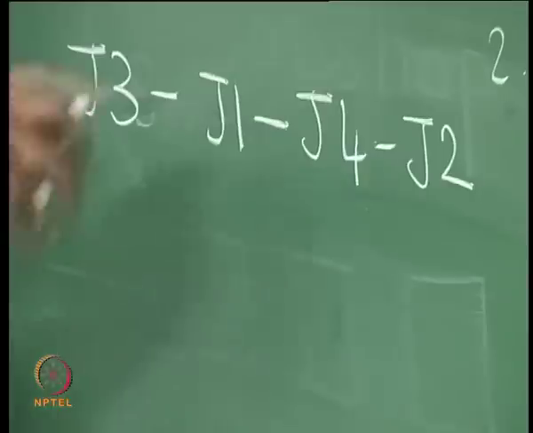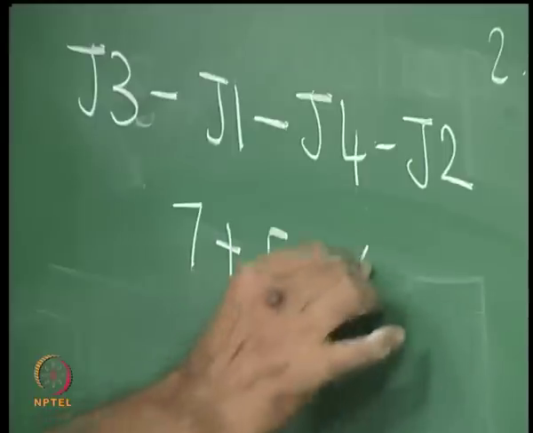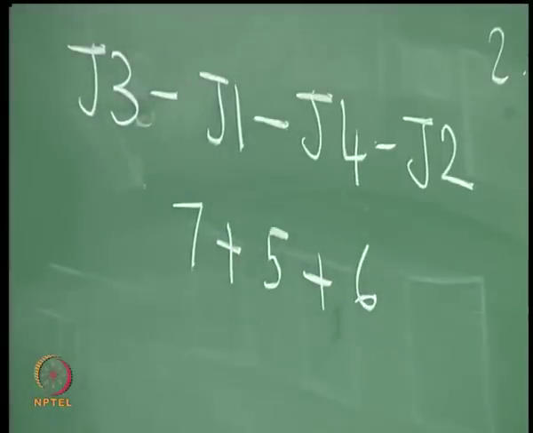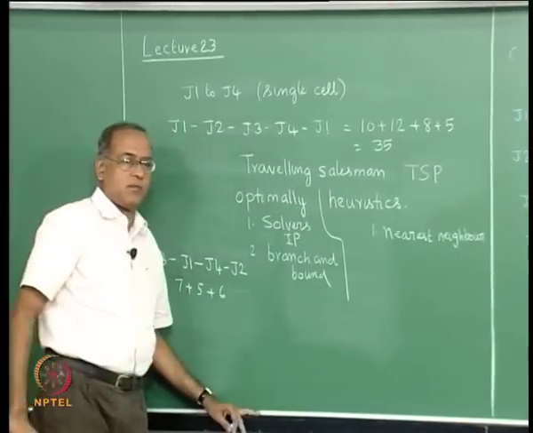So, this would give us a changeover time of 7 plus 5 plus 6. We are not coming back to this. This is slightly different from this version of the travelling salesman problem.